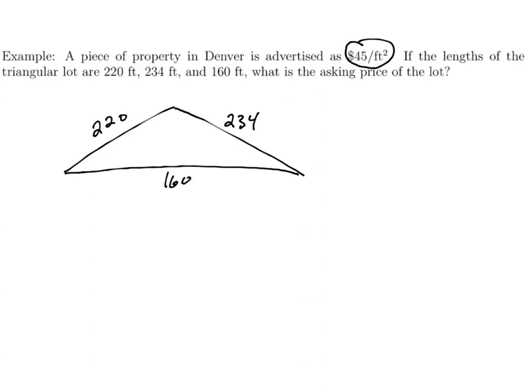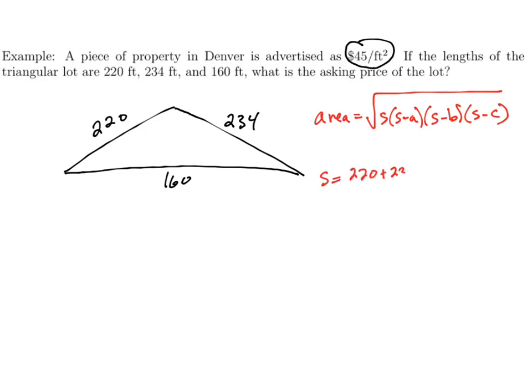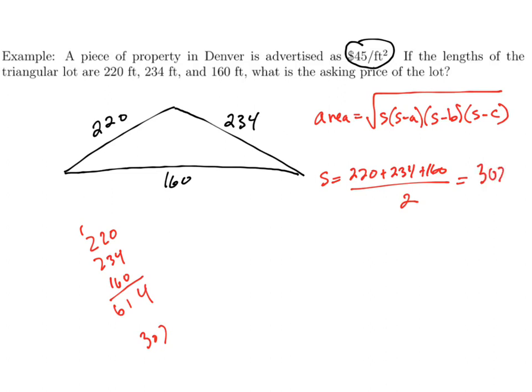Okay, so we're just going to use Heron's formula here. So the area, once again, is square root S times S minus A, S minus B, S minus C. So S here is going to be 220 plus 234 plus 160 divided by 2. And we get 614 divided by 2, which is 307.